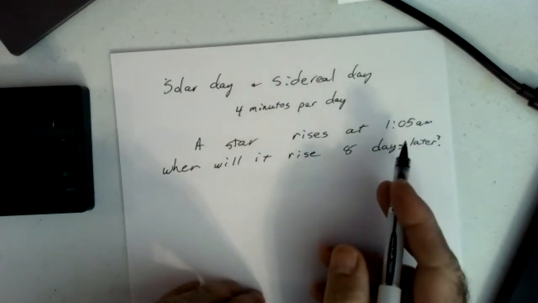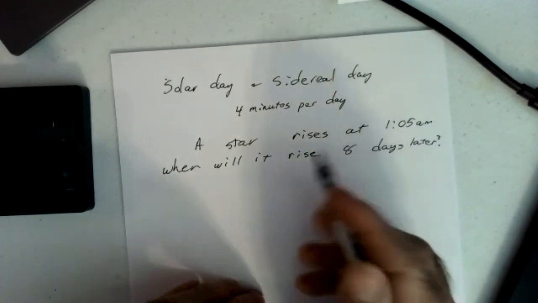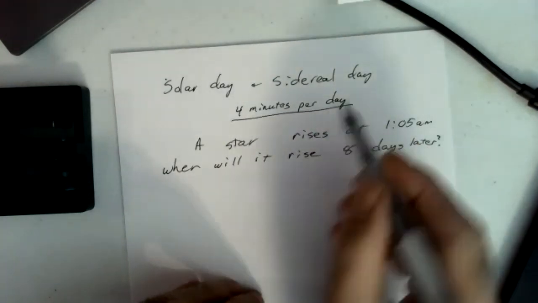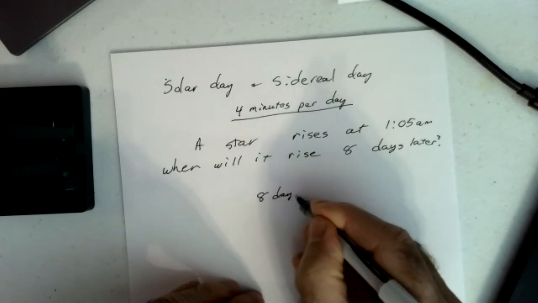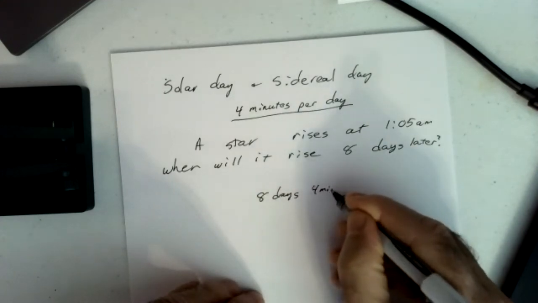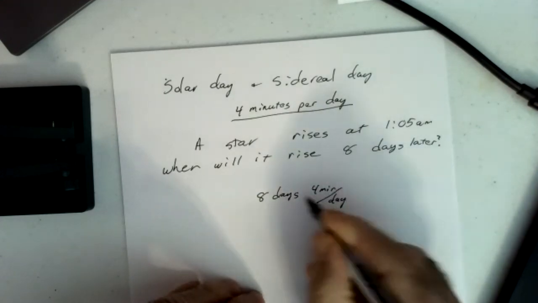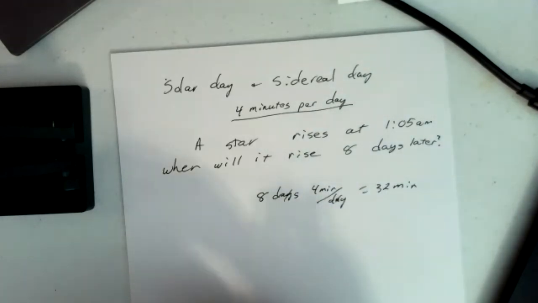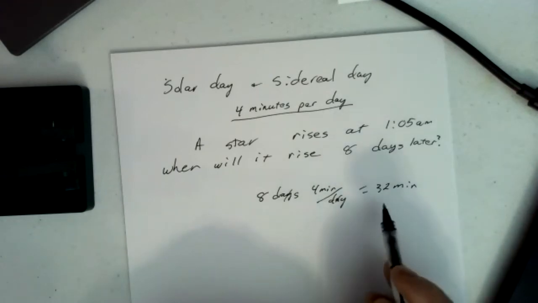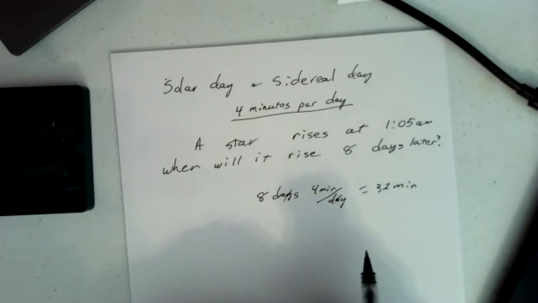All right, this is, again, very easy. What we do is we say we know it's 4 minutes per day. We know how many days, so we're just going to say, 8 days times 4 minutes per day. And when the days cancel, you're left with 32 minutes. So that means the star in 8 days is going to rise 32 minutes earlier.